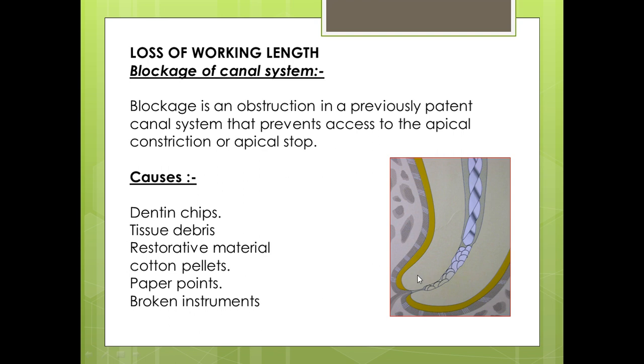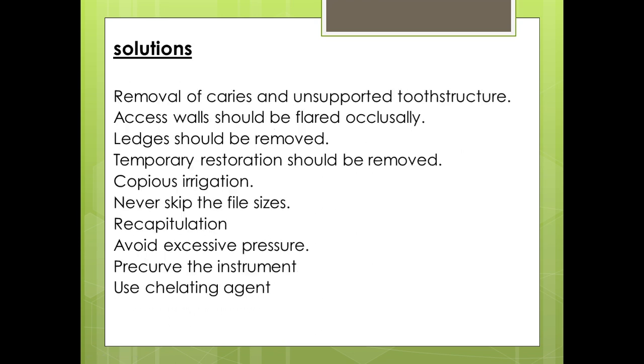If you see in this picture, there is a blockage of the apical third because of the deposition of the debris. So this is an obstruction for the file to get patency till the apical third. Preventive measures include frequent irrigation with hypochlorite, recapitulation, and periodic radiographic verification of the working length.